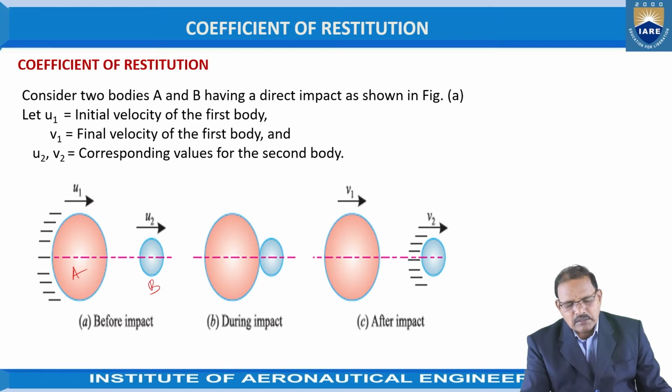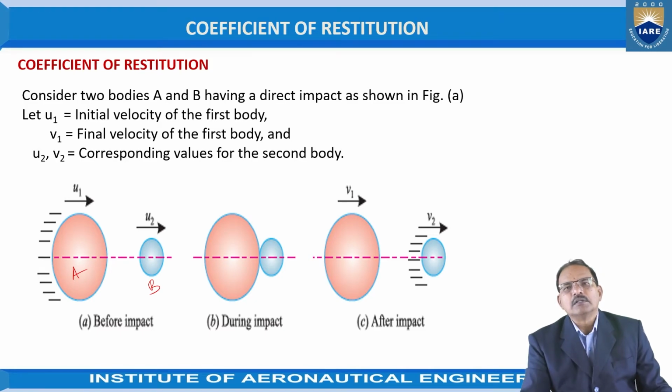When the two bodies are compressing, their velocities decrease gradually. At maximum compression, the bodies come momentarily to rest. The time required for the maximum compression of the bodies during collision is called the time of approach.